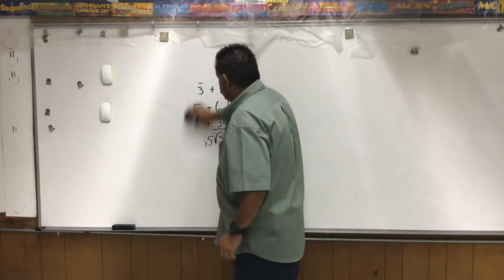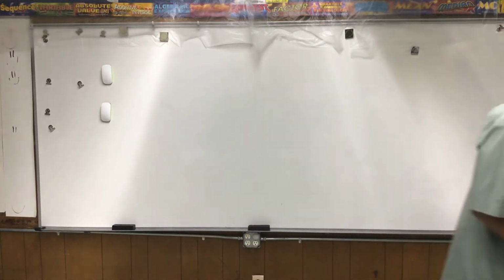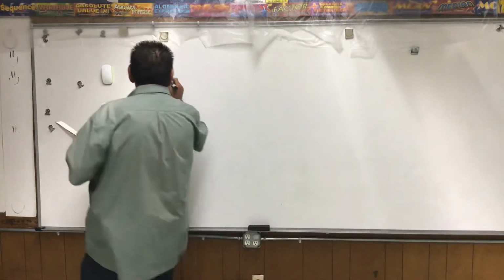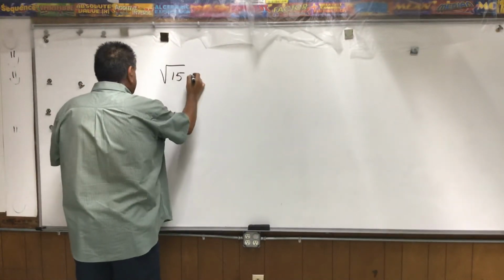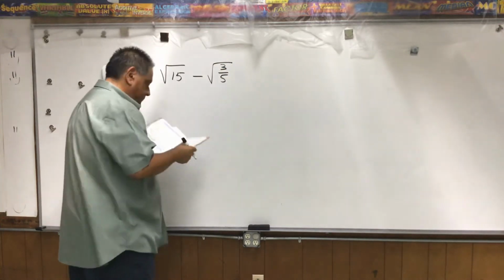Now, I'm going to give you one more example. These are a little bit tougher. So, what if I gave you this problem? Radical 15 minus radical 3/5.